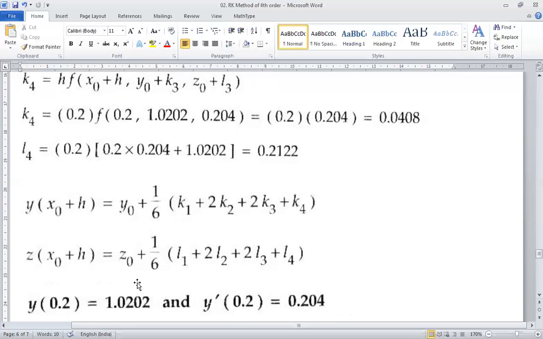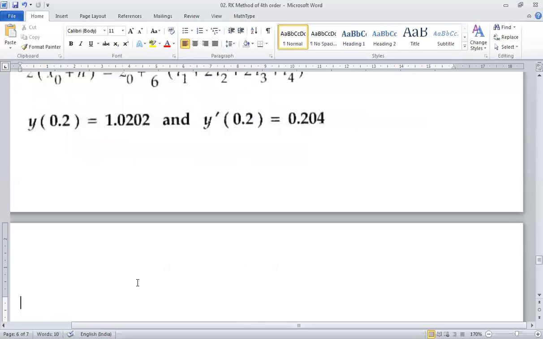By substituting the values of K1, K2, K3, K4 and L1, L2, L3, L4, we get y of 0.2 as 1.0202 and y dash of 0.2, which is nothing but z of 0.2, as 0.204. Hope you understood this problem.